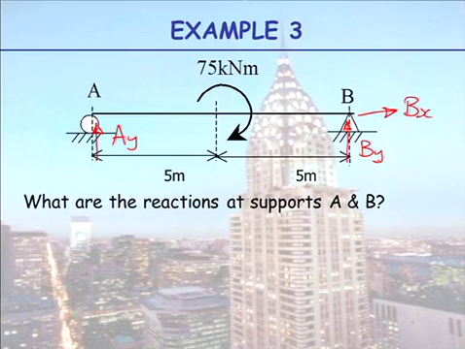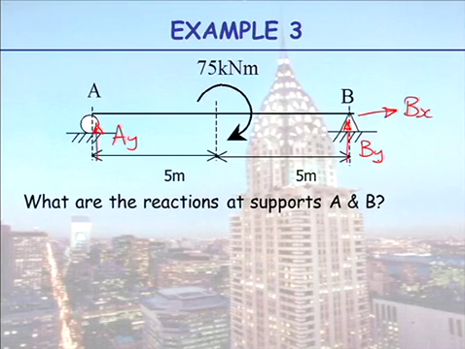So the reaction at AY, is it up or down to stop that from happening? It would be pushing up to stop that from happening. The reaction at B, is it pushing up to stop that rotating? Can you see it's pulling down? So the answer we get for BY will be a negative answer.